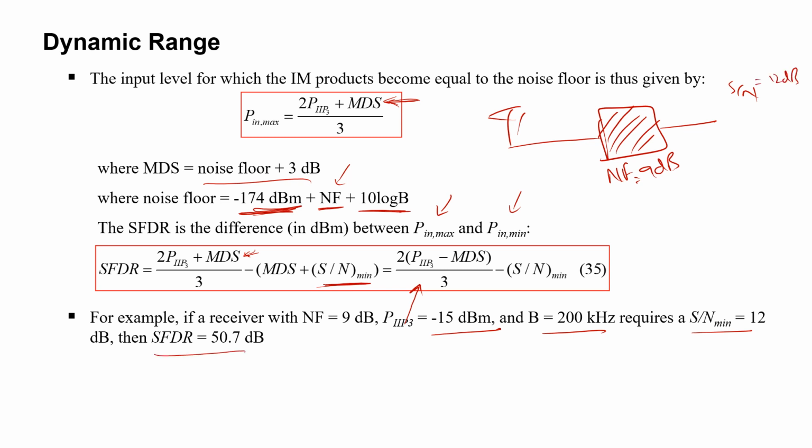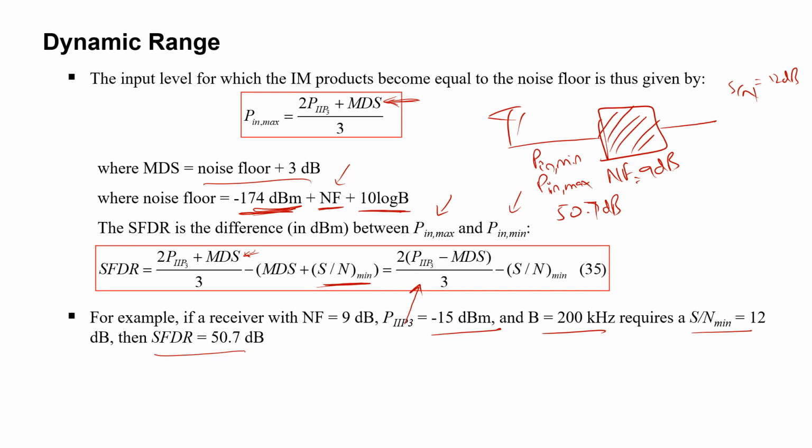Then the spurious free dynamic range using this equation will be 50.7. It means the difference between the minimum and maximum power levels will be almost 50.7 dB. Sorry, dB, not dBm.